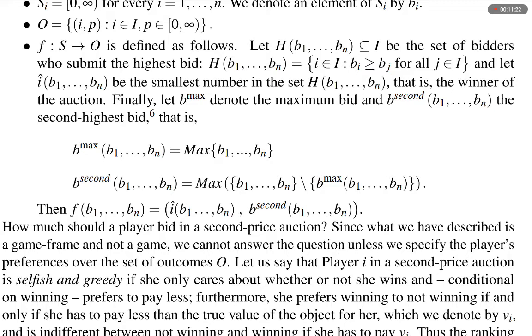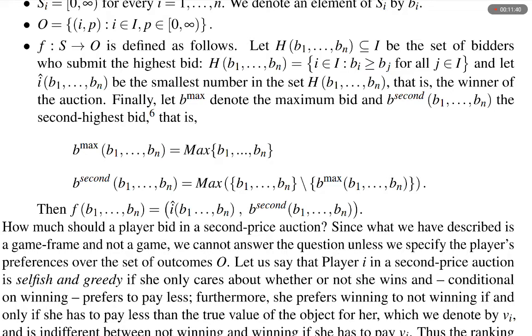Finally, let b^max denote the maximum bid, and b^second(b_1, ..., b_n) the second highest bid.